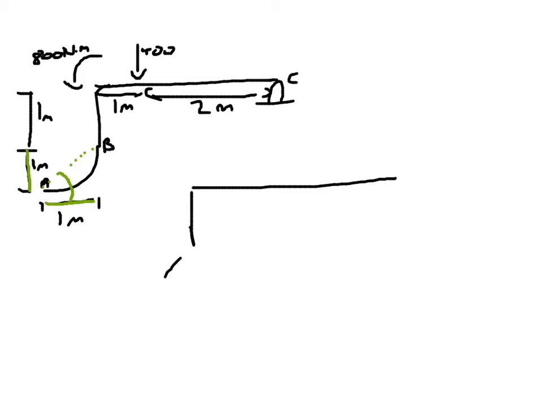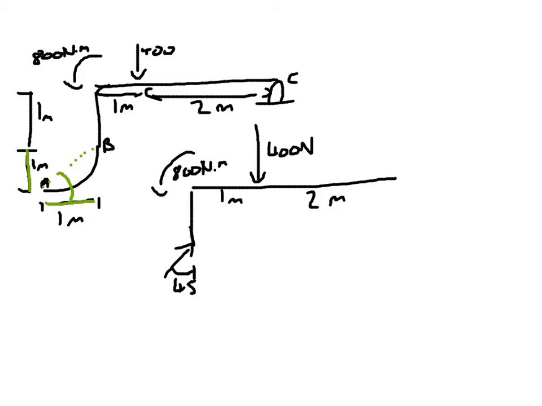So our free body diagram, we can simply put our force in there, and that's going to be 45 degrees in there as well. And we've got the 800 Newton meters turning moment, and we've got the 400 Newton force, and we've got the distances here of 2 meters, 1 meter, and 1 meter.